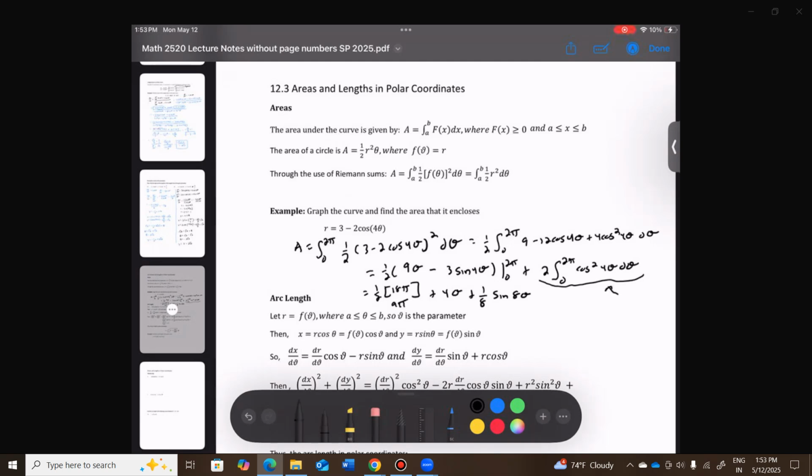We used integration by parts, I think. Then we're evaluating this from 0 to 2 pi. When we plug in 2 pi, we get 8 pi, plus 0. When we plug in 0, we get 0 for both, so we just get 8 pi. So this ends up being 17 pi.